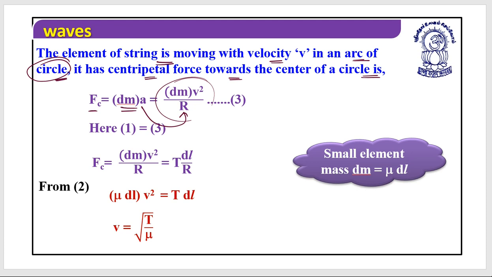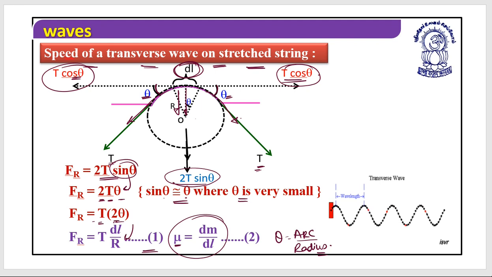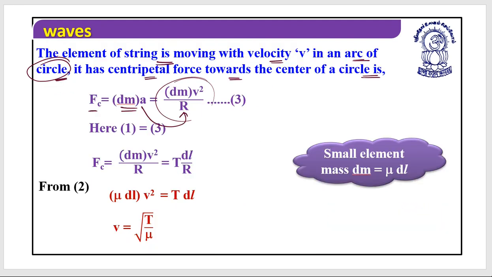So we basically have two relations. The first relation is Fr is equal to T into dl by r, and the second relation is Fc is equal to dm into v square by r. If I equate these two, then dm into v square by r is equal to T into dl by r, and from this, mu dl into v square is equal to T dl.